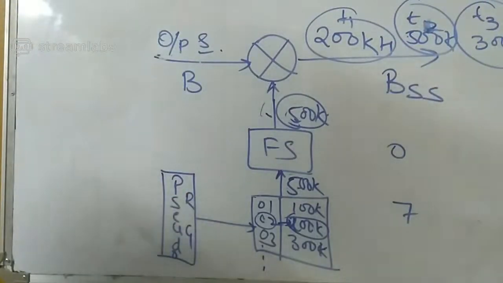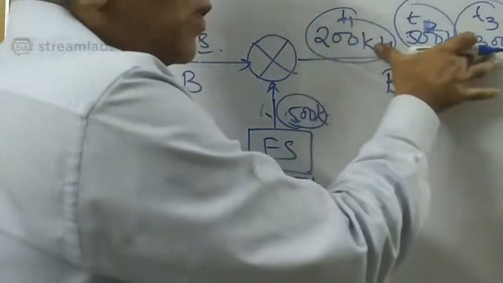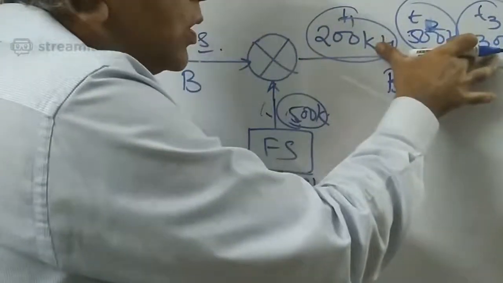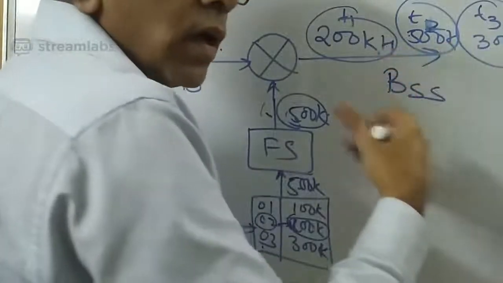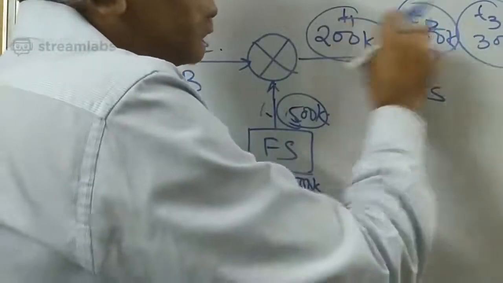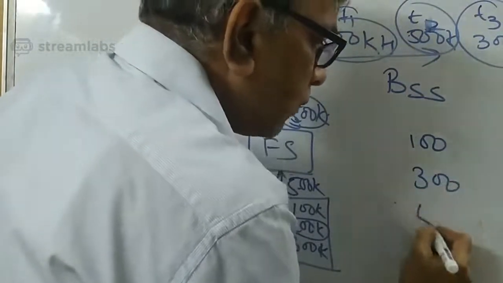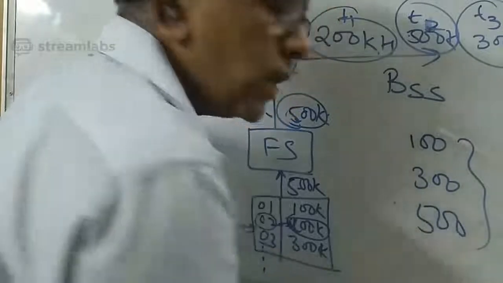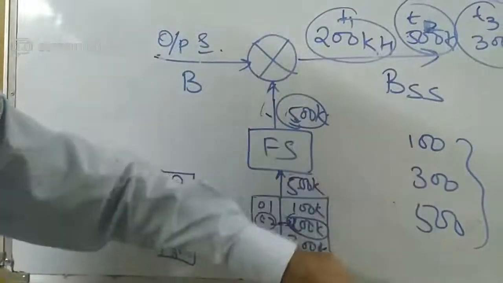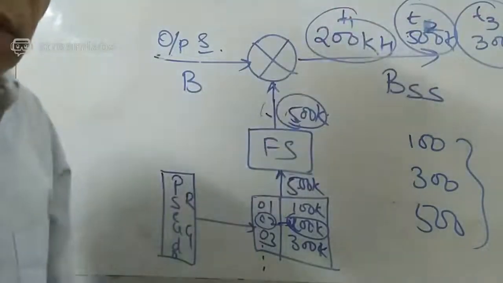So what happens? When you look at the range of frequencies that you used from t1 to t3, they are 100, 300 and 500. These are the three frequencies used from t1 to t3, so what is the bandwidth?